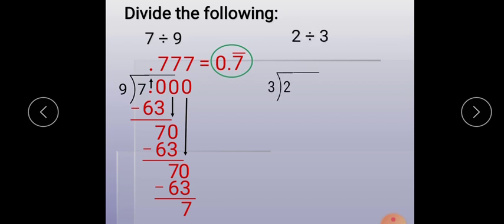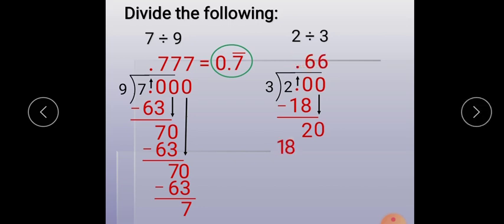2 divided by 3. You can just see the same manner. 3 times 6 is 18, remainder is 2. Again 0 will be appended. Again we have the same thing, 3 times 6 is 18, remainder is 2.